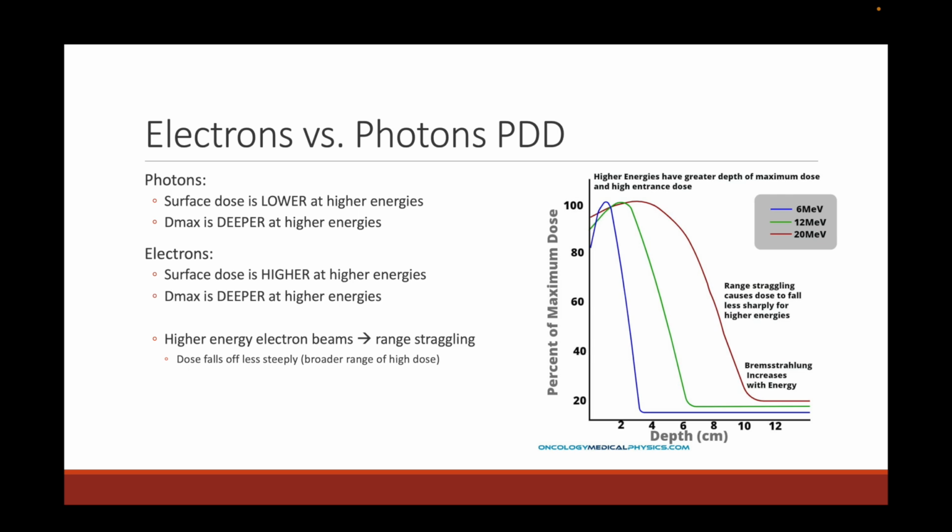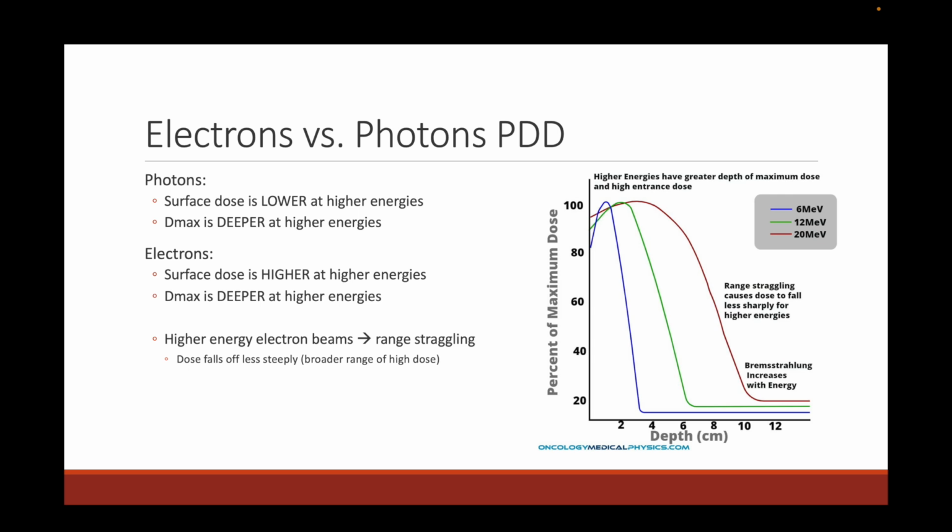The depth of D max is deeper at higher energies for photons. So if we use a lower energy photon beam, the hotspot is going to be more superficial compared to if we use a higher energy photon beam. So for photons, the surface dose is lower at higher energies, and the depth of D max is deeper at higher energies.